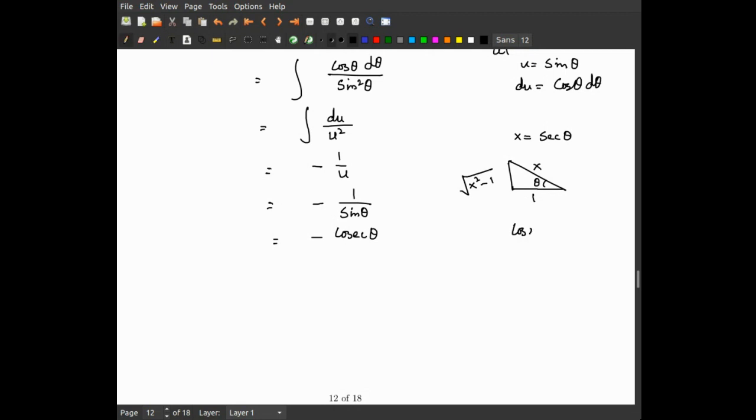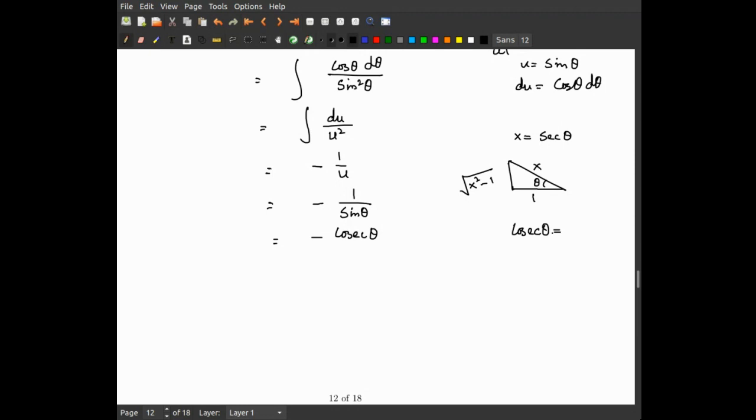Now let me ask you, what is the value of cosec theta? What do you think? Using this triangle, what is the value of cosec theta? I think cosec theta, right?